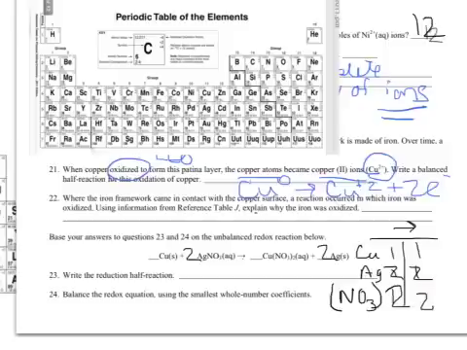There is an additional way to balance this redox reaction. In order to balance the redox reaction, we can write 2 half reactions. In this case, we have the copper undergoing oxidation, becoming copper ions. So in order to balance the oxidation half reaction, we'll have to add in 2 electrons to the product side.